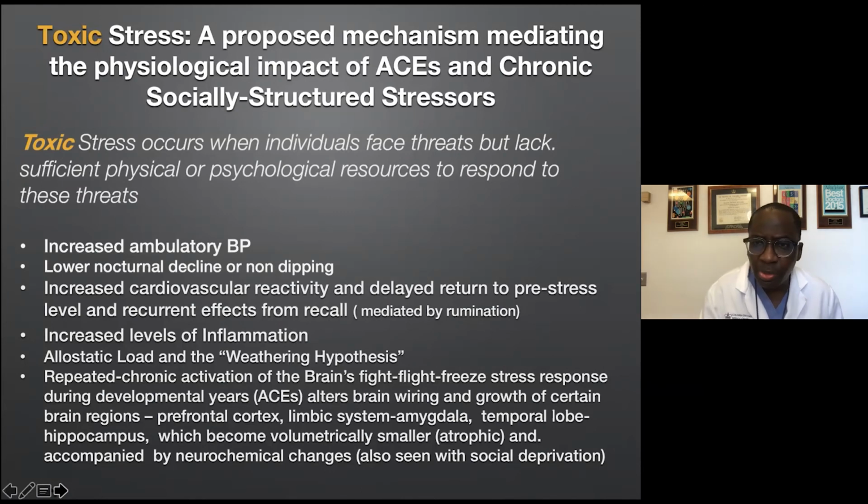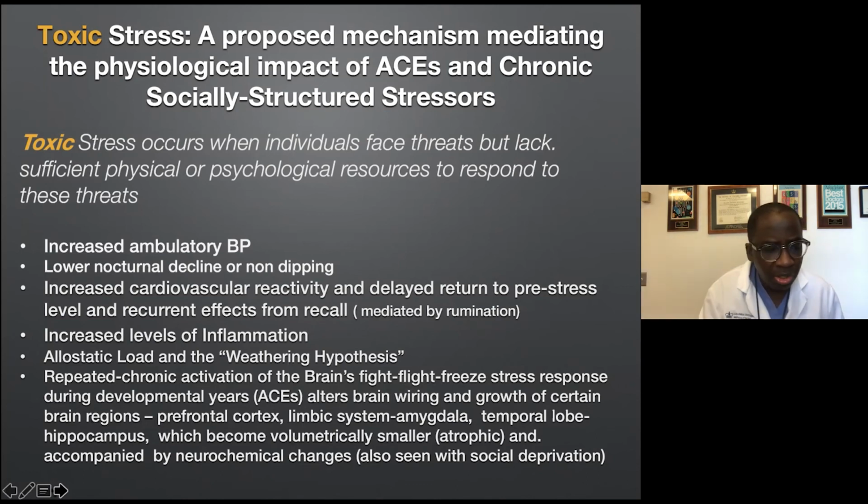What we're seeing now is that they cause higher ambulatory blood pressure in those who have experienced toxic stress, and lower nocturnal decline. When we sleep, our blood pressure usually dips. There are people who are non-dippers, and there are certain conditions that predispose individuals to non-dipping of the blood pressure at night when asleep. Toxic stress is one of them.